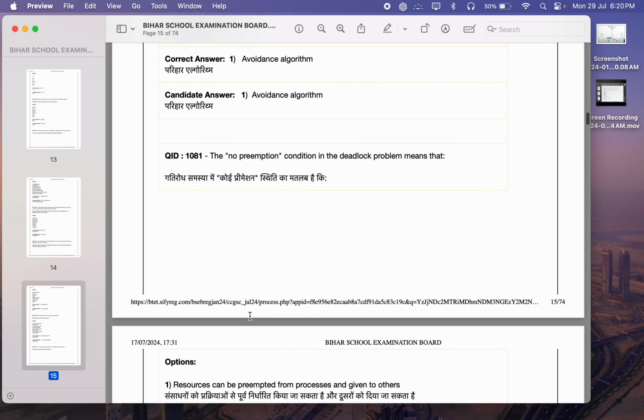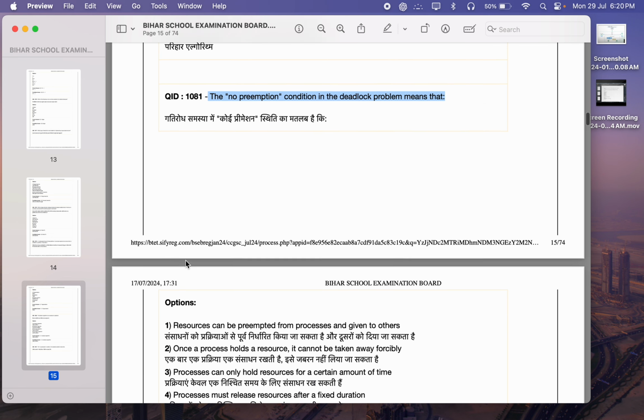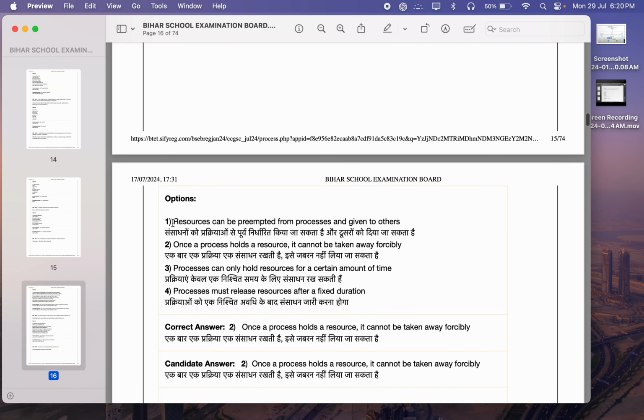Okay, let's go ahead. The no preemption condition in the deadlock problem means that, if a process has been allocated some resources, it won't leave the resources until it is done. So no preemption, right?